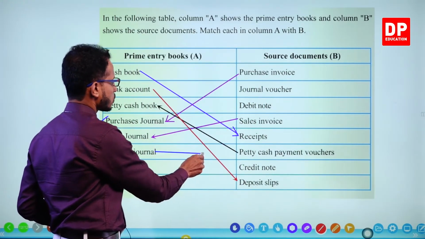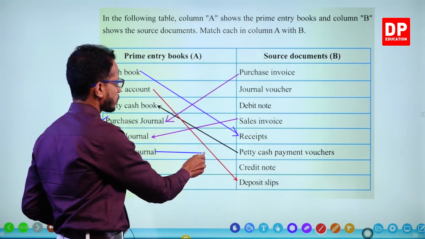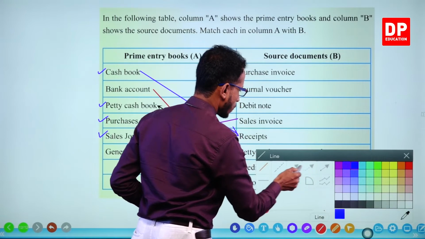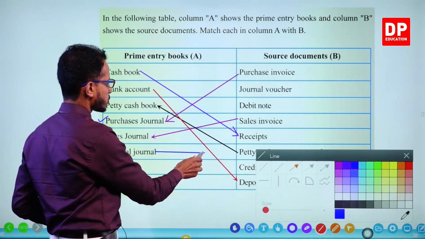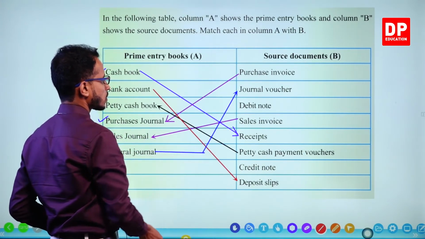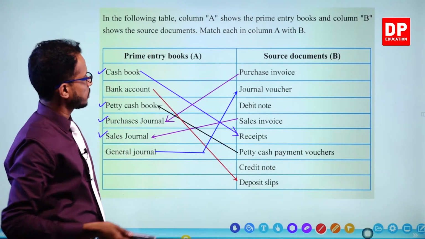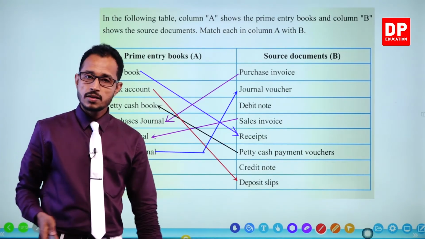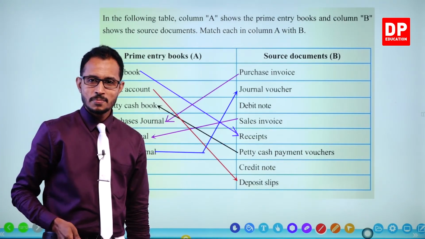We'll go horizontally and match. There you go. Matching done.